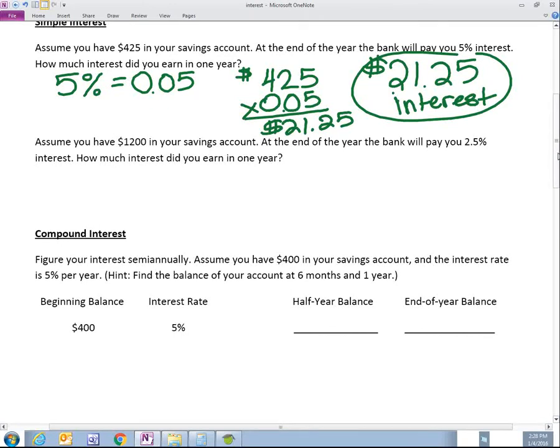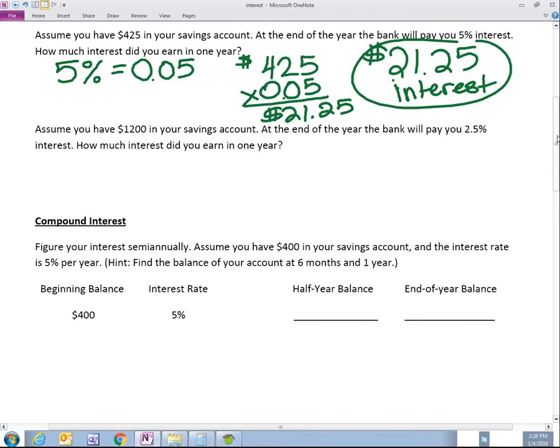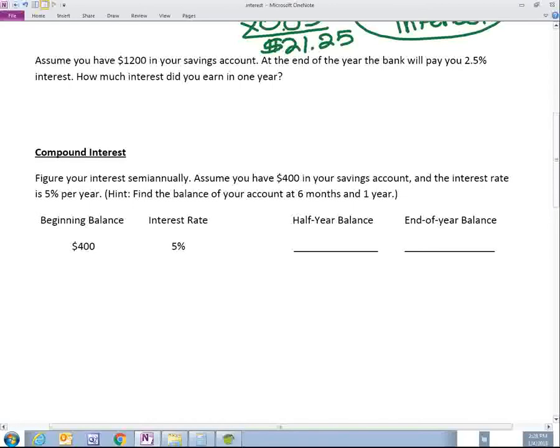What's your current balance? How much money's in the bank? That's another thing they could have asked, and all we would have had to do there is add 21.25 to 425, and that would have been $446.25.